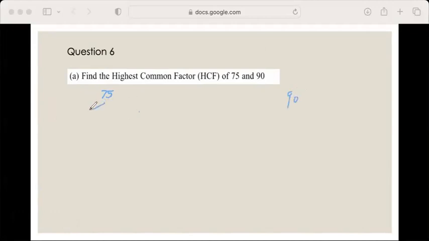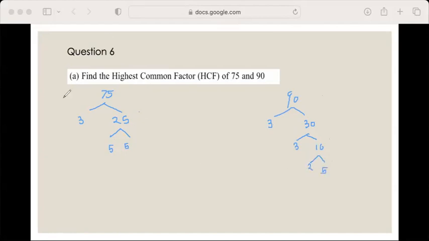So 75, we arrive at 3 times 25 as one way. 25 is 5 times 5. And 90 is 3 times 30, 30 is 3 times 10, and 10 is 2 times 5.